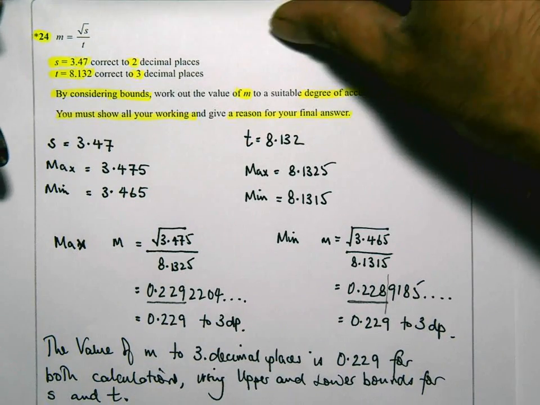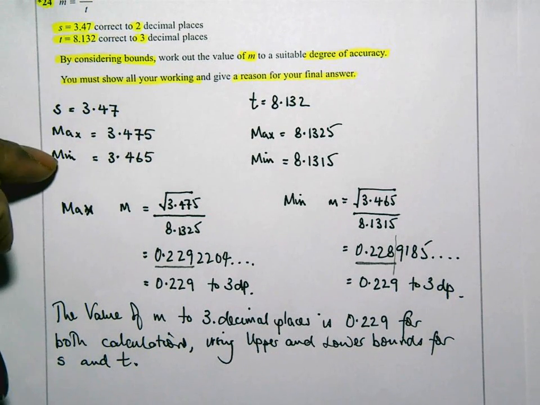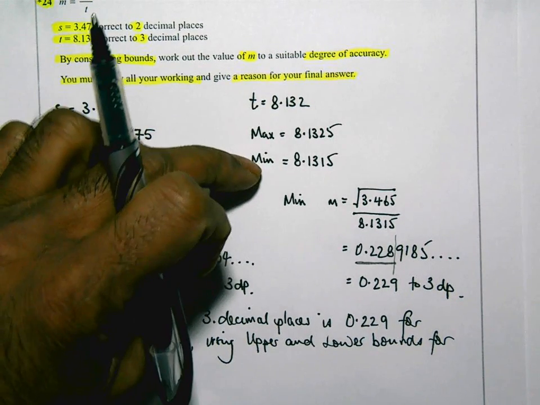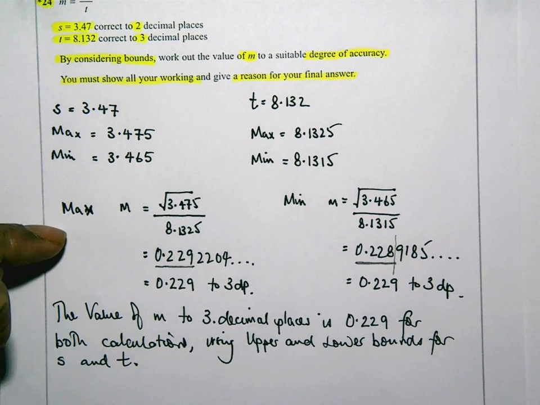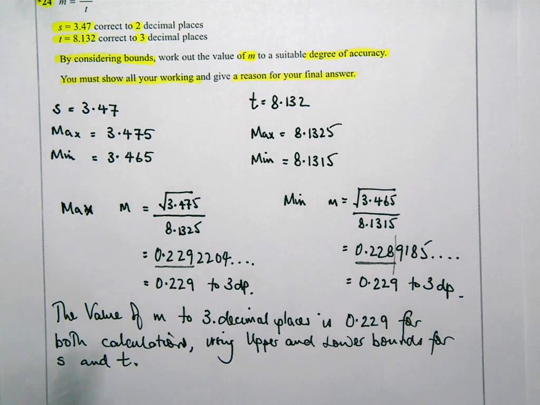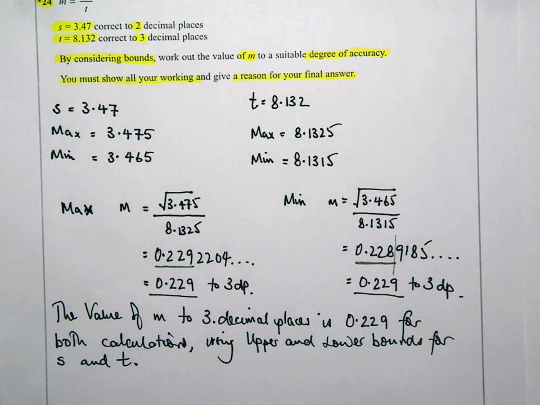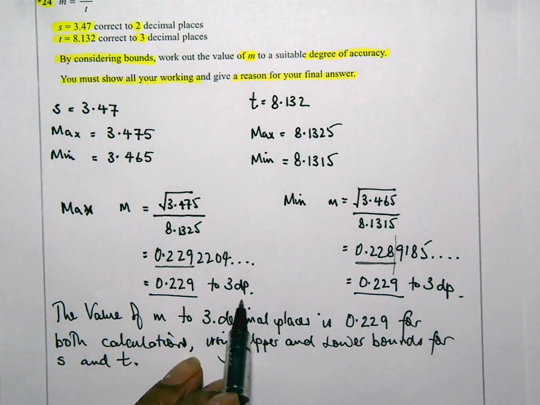It's not essential, but I've just indicated that I did use the upper and lower bounds for S and the upper and lower bounds for T. I worked out the maximum that M could be, the minimum that M could be, and then I used those two values to come up with a degree of accuracy where they would both be the same. So to 3 decimal places, they would both be exactly the same.